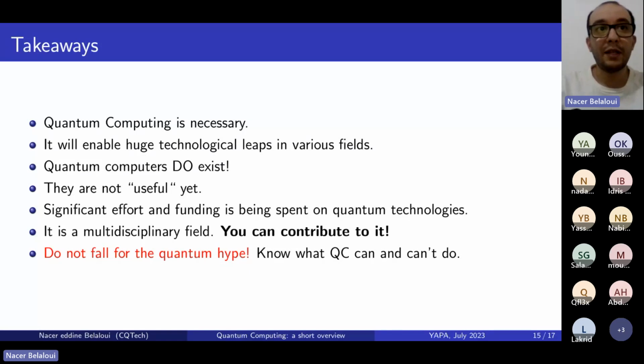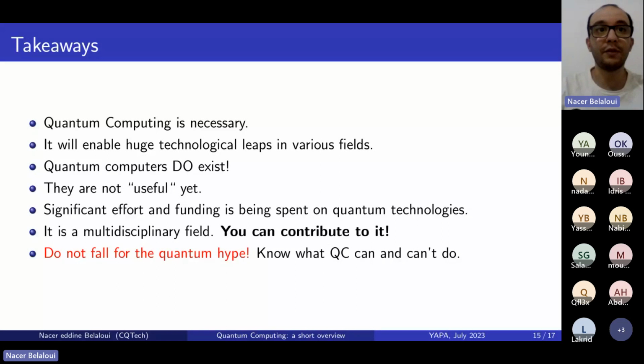And maybe I will end with a slight warning: do not fall for hype. There is a hype around quantum technologies and quantum computing these days, where people are creating startups and promising impossible things. Well, this is good for them.